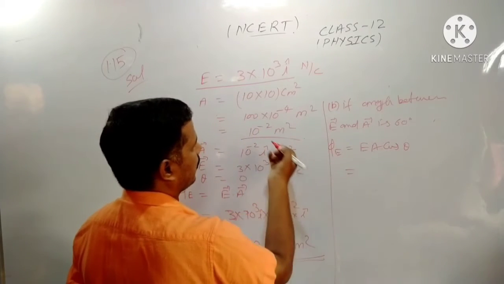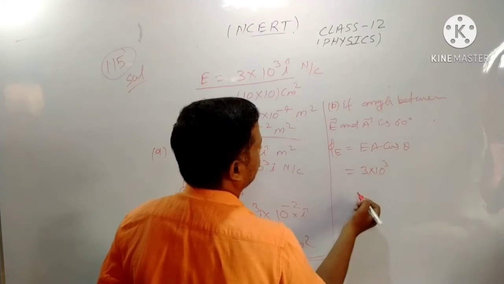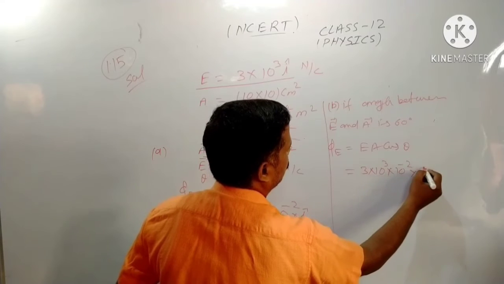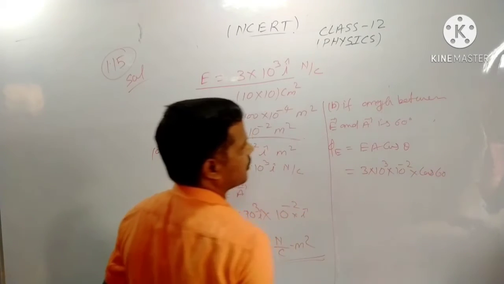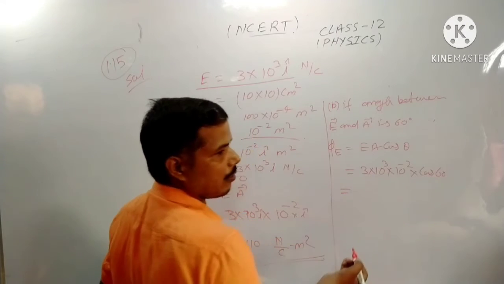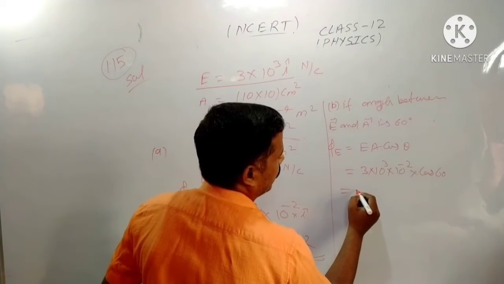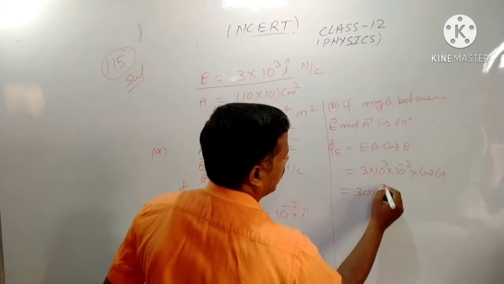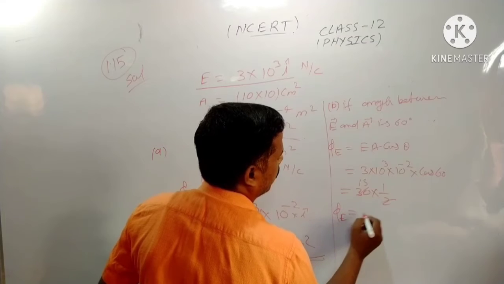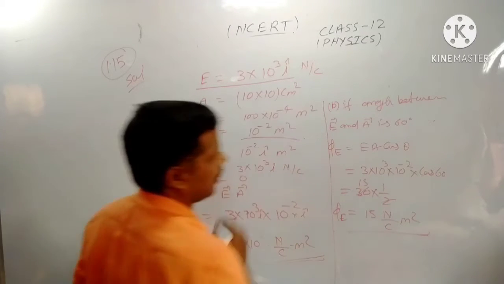Now put up the value. Value of E is 3 into 10 power 3, area 10 power minus 2, and this one is cos 60. The value of cos 60 is 1 by 2. Now it will be 30 into 1 by 2 equal to 15. So flux will be 15 Newton meter square per Coulomb.